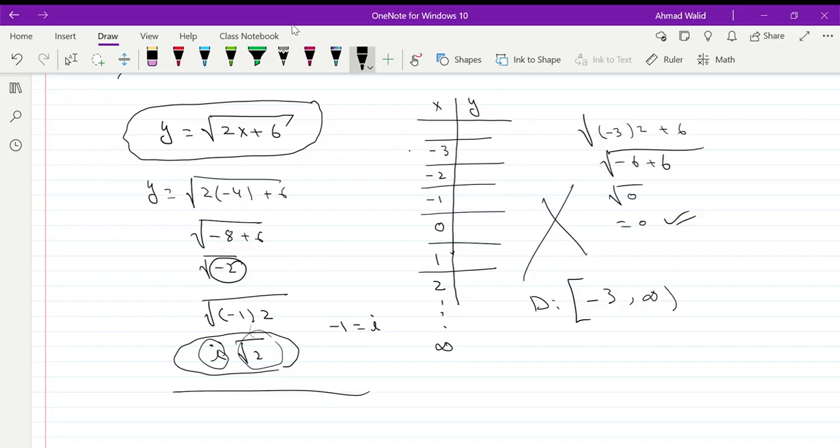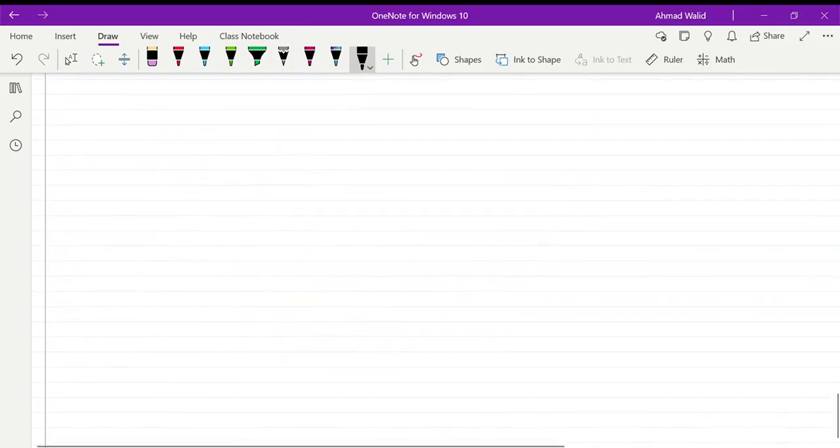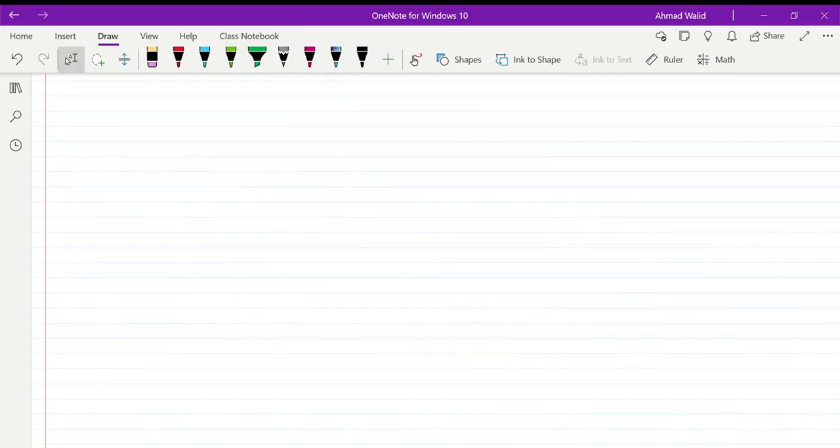I'll give you now an easy method how to find the domain of some functions, correct? I'll take the same example. Y equals the square root of 2x plus 6. To find the domain of this given function, what do you do first?